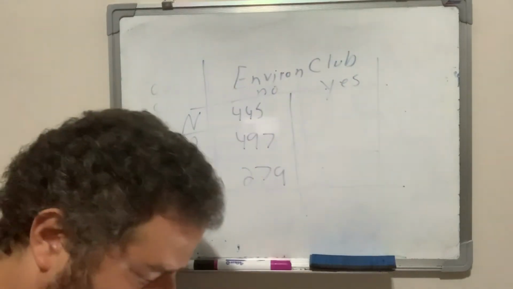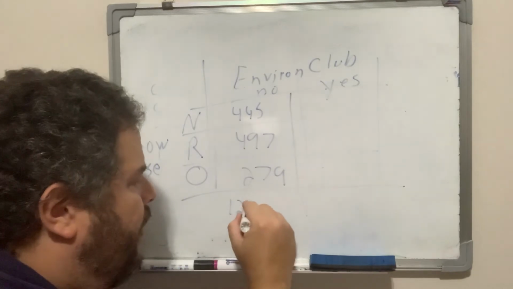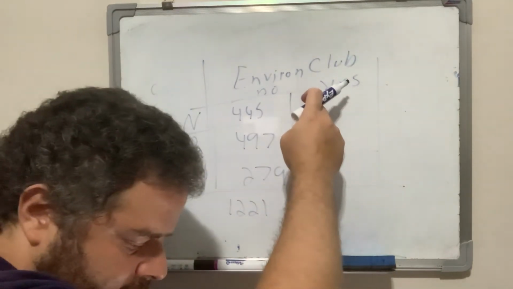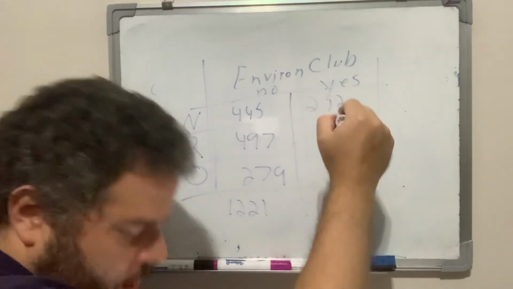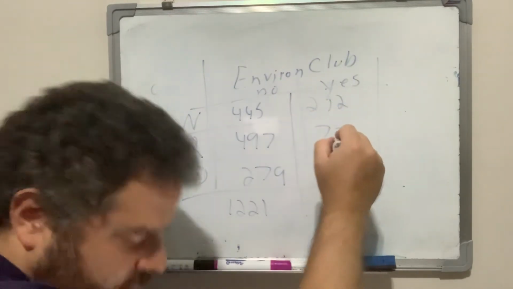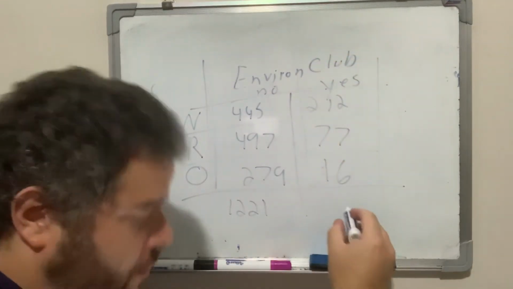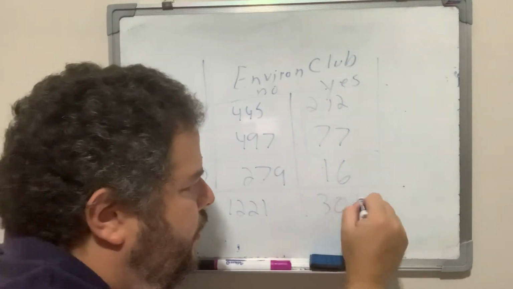So when I add this column, I end up with 1,221. And here I have 212, 77, 16. When I add this column, I end up with 305.